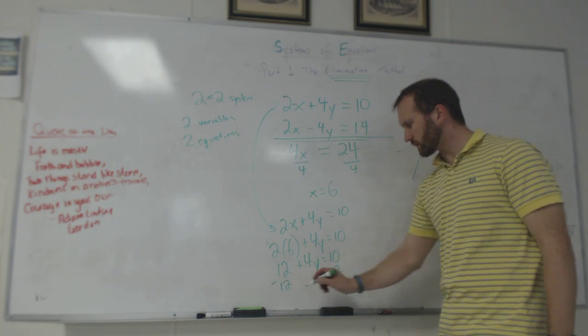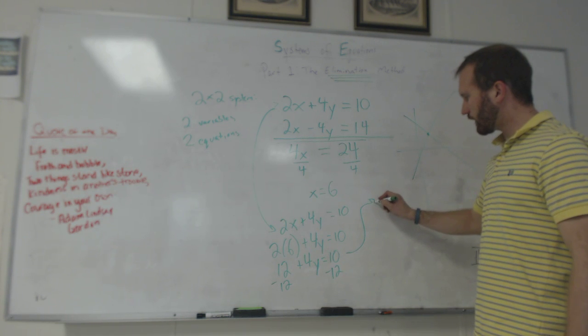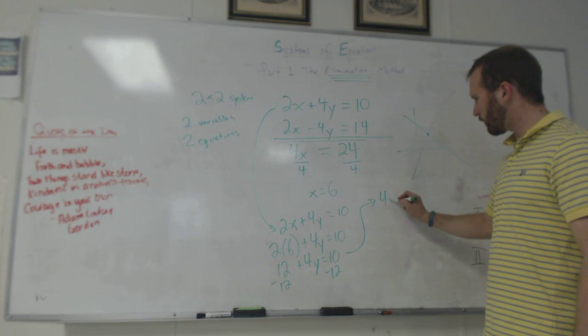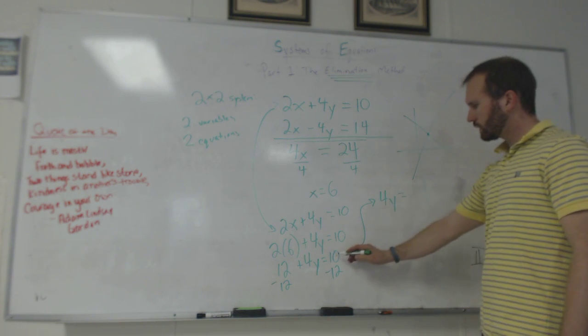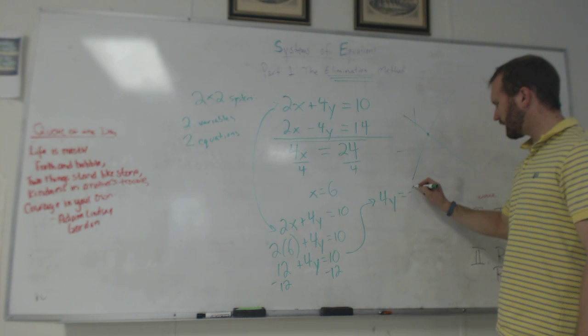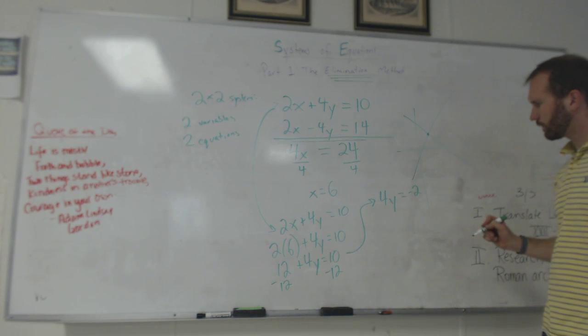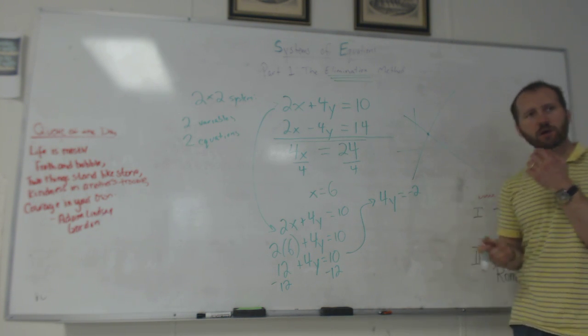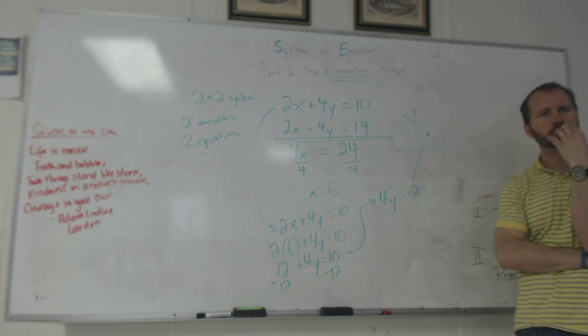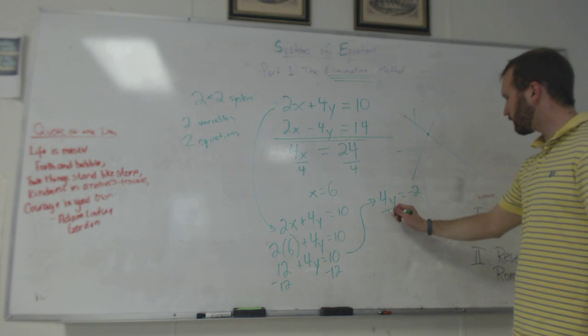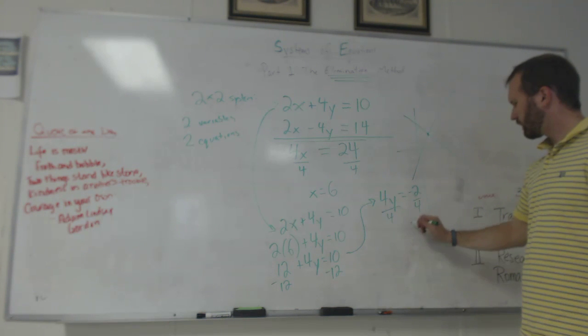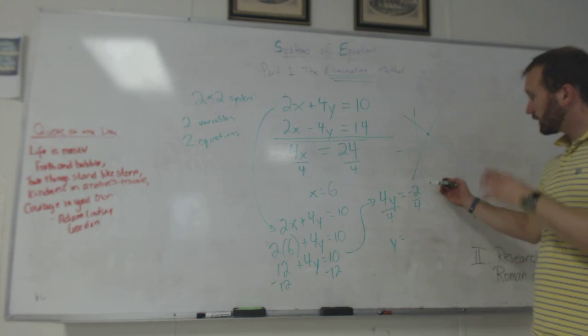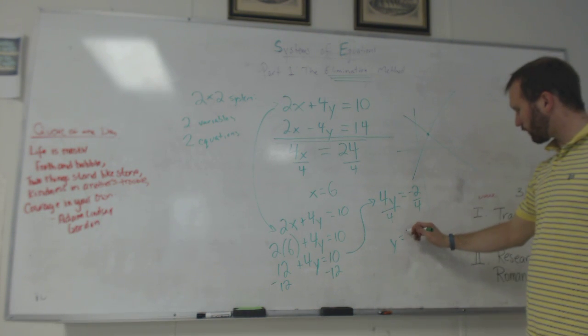12 minus 12 is just 0. So if I copy this up here, I now have 4y equals 10 minus 12 is negative 2. 4y equals negative 2. How do I get y alone now? Divide by 4. Divide both sides by 4. Y equals negative 2 over 4.